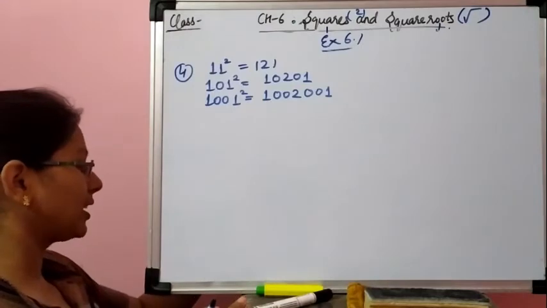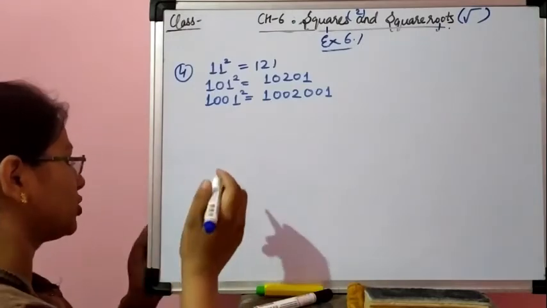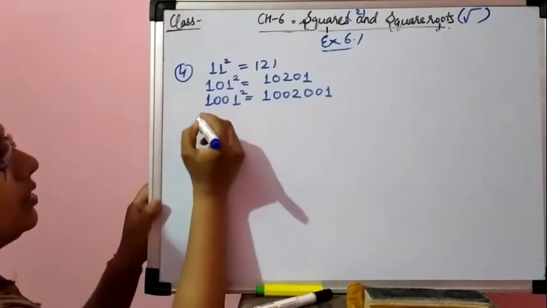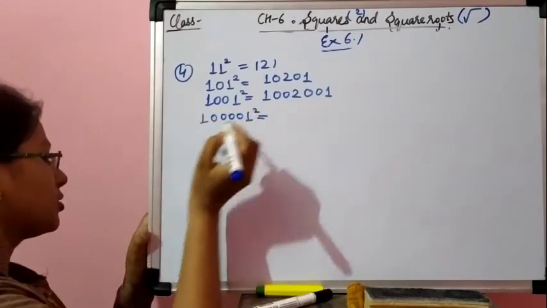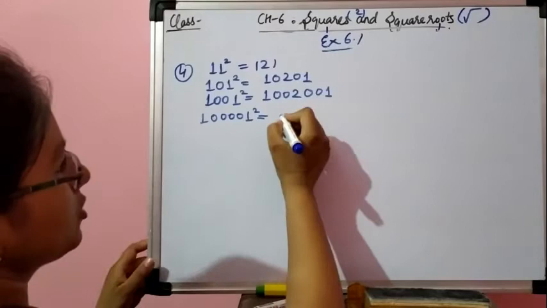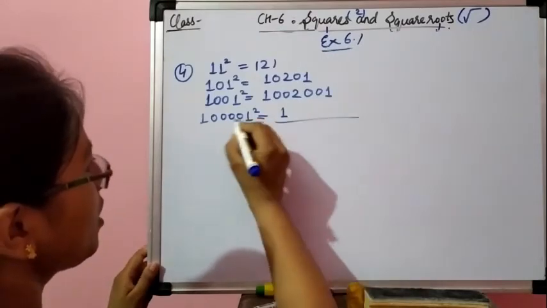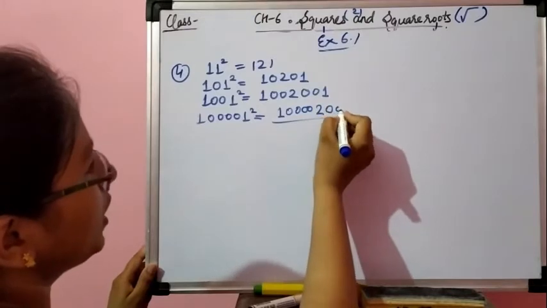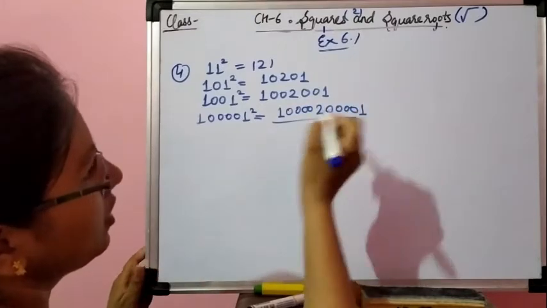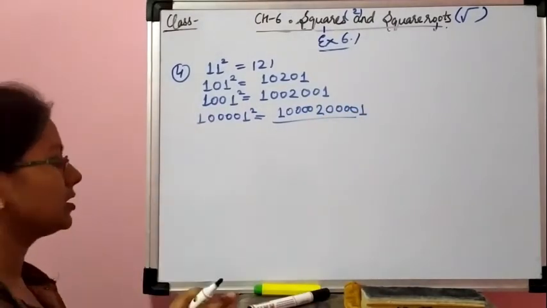Now similarly, directly I am moving to the question. 1, 2, 3, 4 zeros are there. So what will be the answer? The answer will be 1, 4 zeros, then 2, then 4 zeros, and then 1. So this will be the answer.